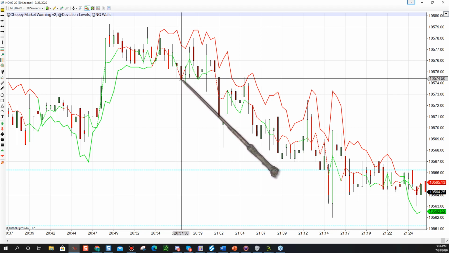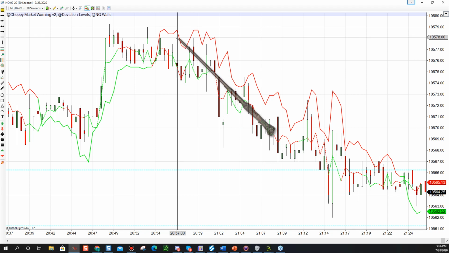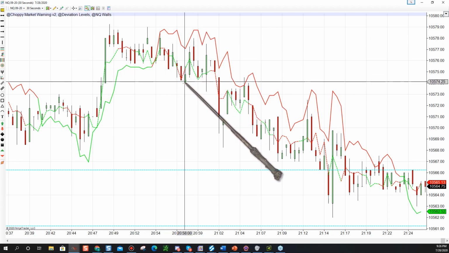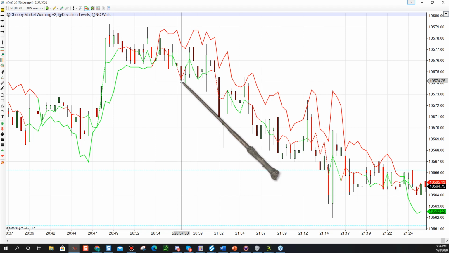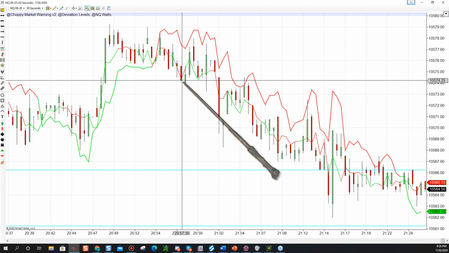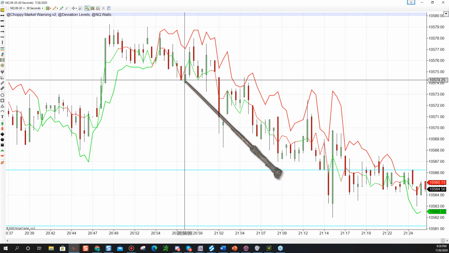Okay, what about here? We're angling down here. We're angling down here. Both are red. That's a setup bar. Does it break the low? Does the bar right after it break the low? Okay. I enter when it breaks the low.